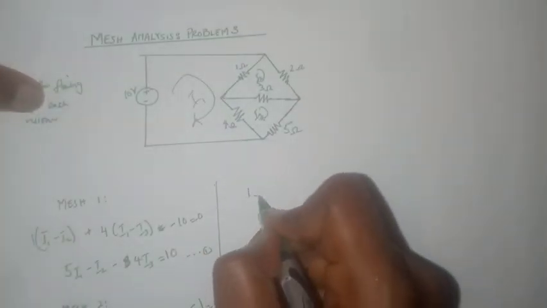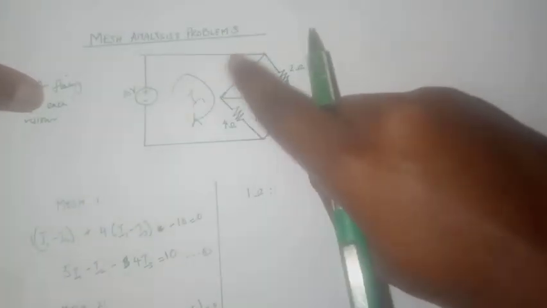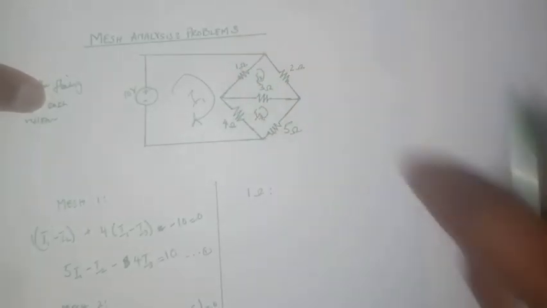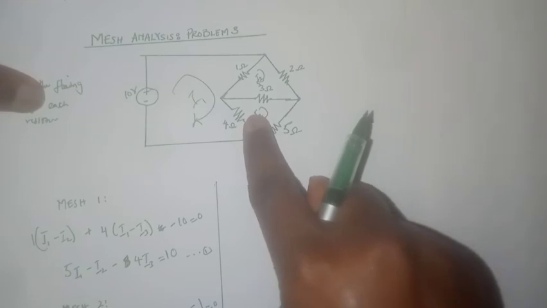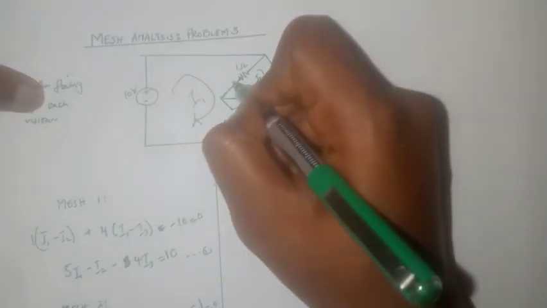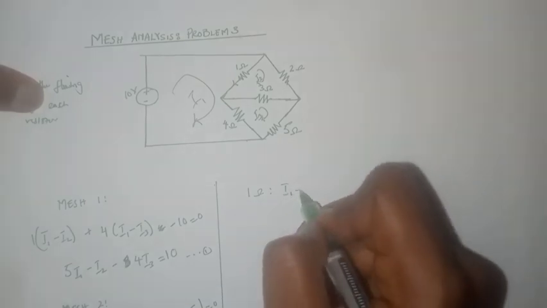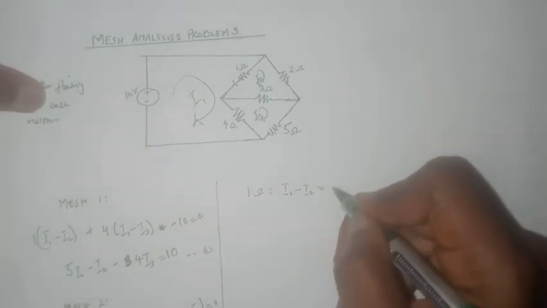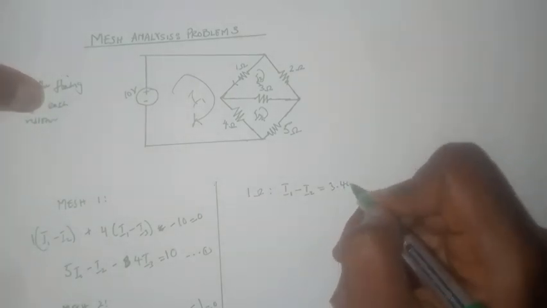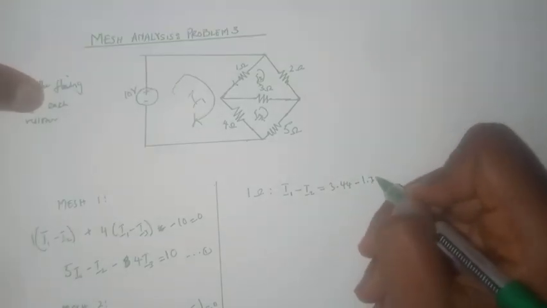But you see, the goal here is to find the current flowing through each resistor. So if we want to find the current flowing through the 1 ohm resistor, now we have I1 flowing through it and I2 opposing it. So the current flowing through the 1 ohm resistor in this direction would be I1 minus I2, which would be 3.44 minus 1.31.